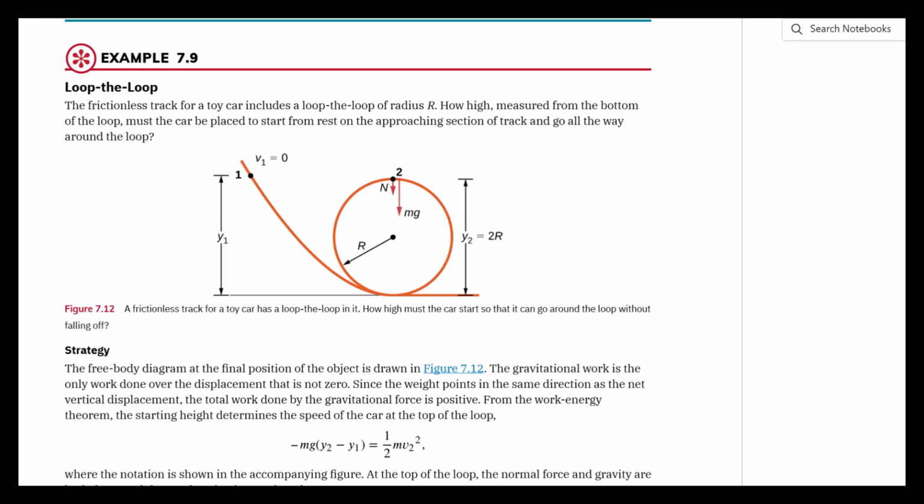So basically, the idea is we're going to start at some kind of initial height. Height 1, I guess they're using y1, and height 2, but this is twice the radius of the loop-de-loop. Okay, so I want it to be going just fast enough so that when it gets to the top, that it's barely touching.